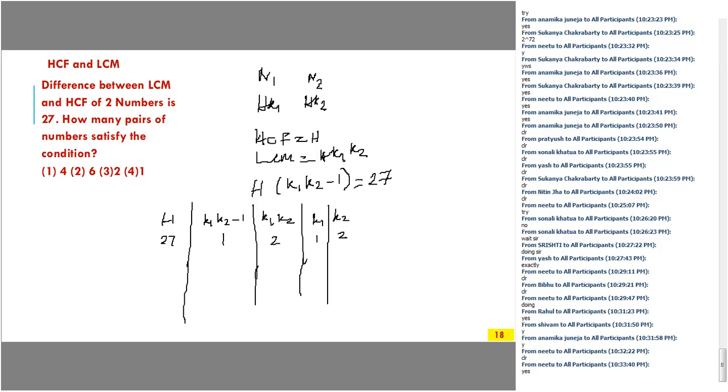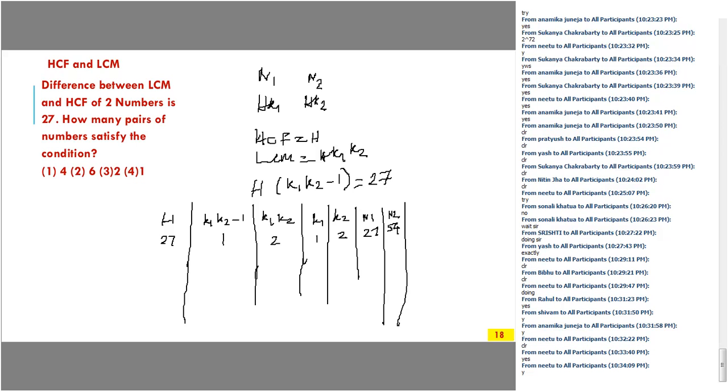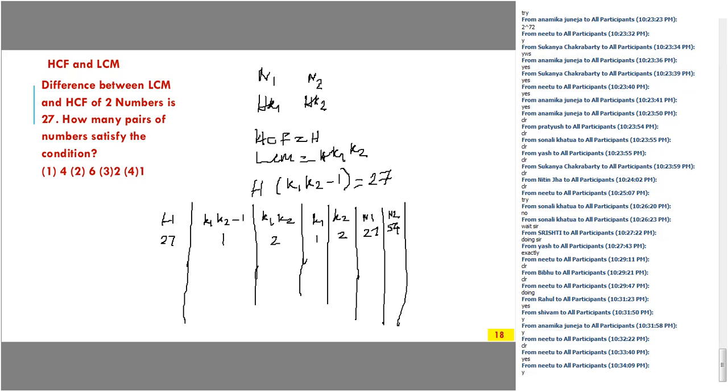H is 27, K1 K2 minus 1 is 1, so K1 K2 is 2. K1 can be 1, K2 is 2. What are the numbers? N1 is 27, N2 is 54. Difference is 27 or not? Are you clear with this?